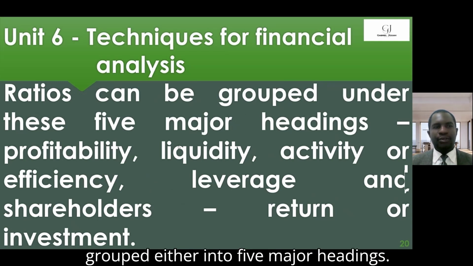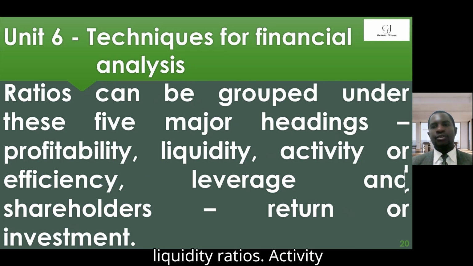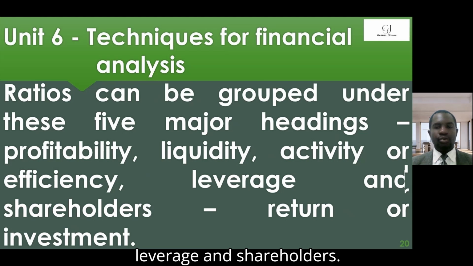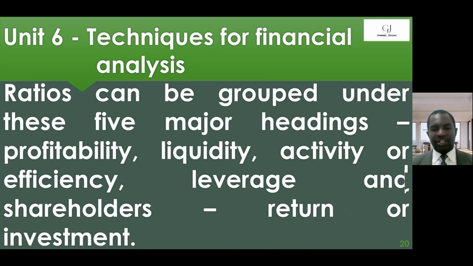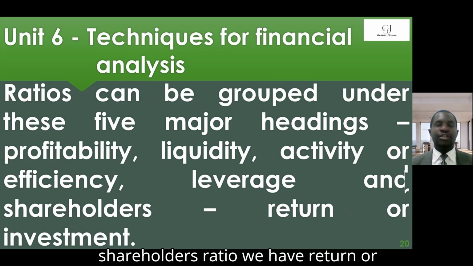So ratios can be grouped into 5 major headings. We have profitability ratios, liquidity ratios, activity ratios, and leverage ratios. Activity ratios are also known as efficiency ratios. We have leverage or shareholders ratios, and we have return or investment ratios.